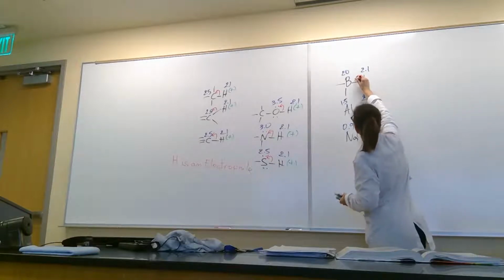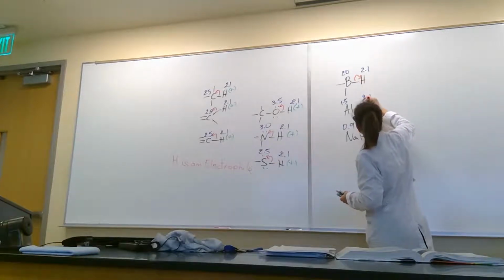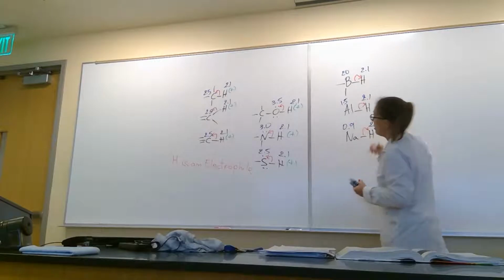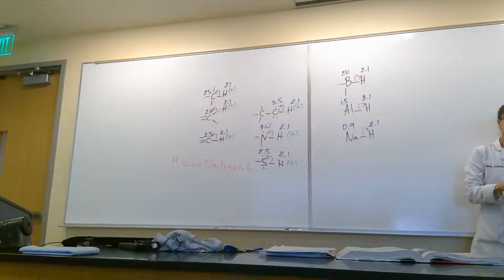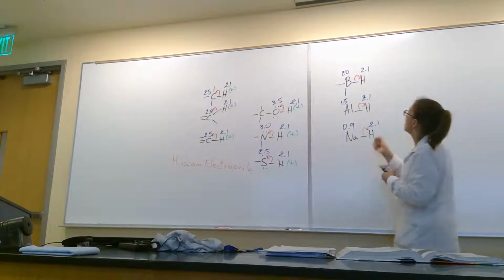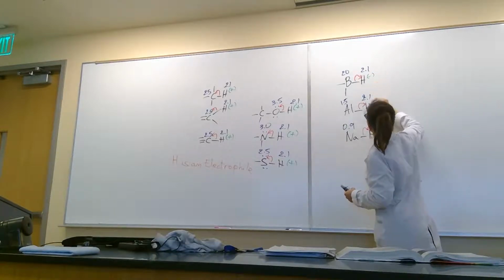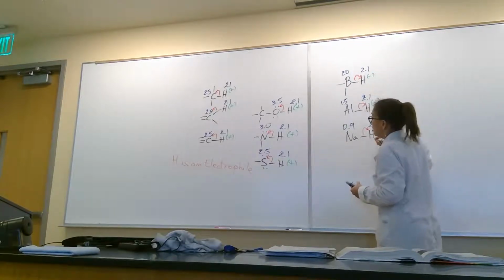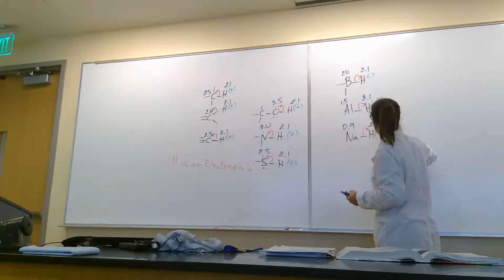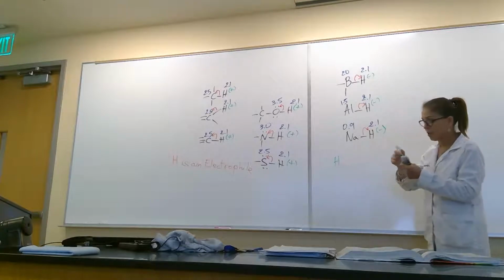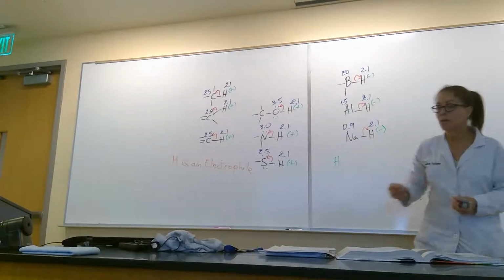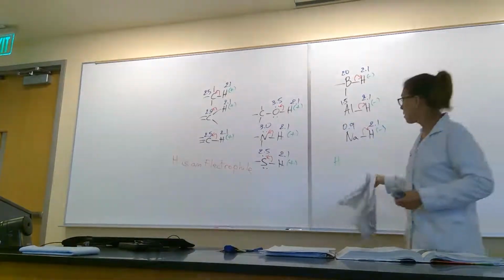The electron will move to the hydrogen. Okay? So in these particular compounds, if you see hydrogen attached to boron or aluminum or sodium, you know that the hydrogen is going to be negative. So here, in all of these, H is a what? Is a nucleophile. Okay?